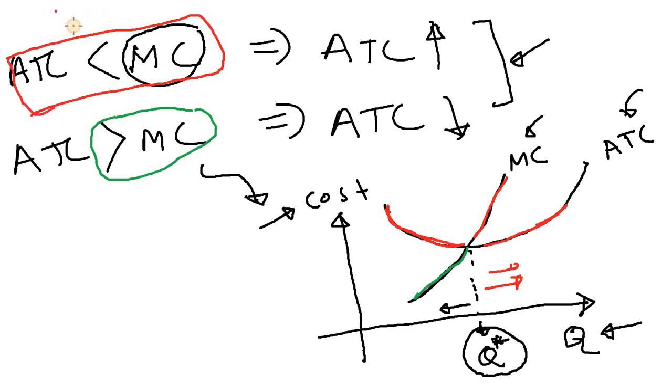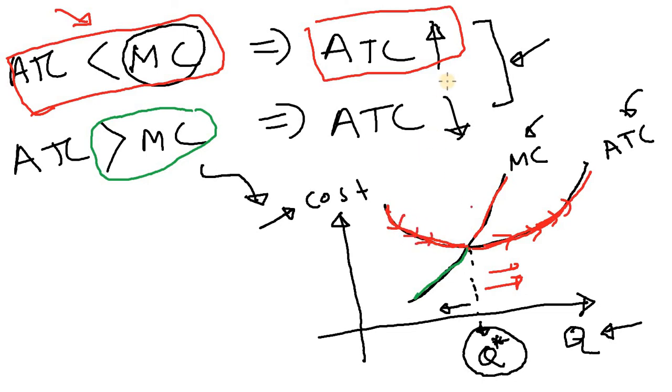Remember, when the marginal cost is greater, the average total cost must increase. As you can see, because of this, the average total cost is increasing. It's going up. But in this region, it is decreasing. Why is it decreasing? Because of this relation.